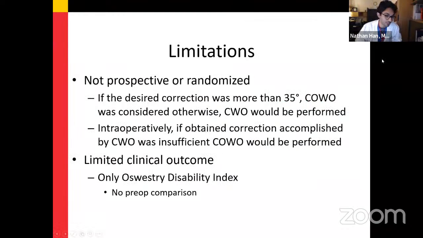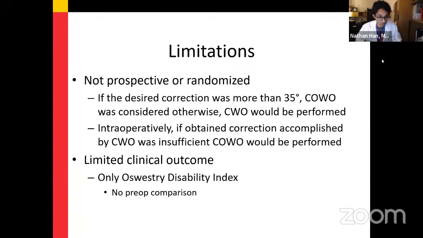Certain limitations also for this study to be noted. Of course, it was retrospective and therefore not prospective or randomized. The decision to pursue the closing opening wedge osteotomy was made sort of in a stepwise fashion. If the desired correction was greater than 35 degrees, the closing opening wedge osteotomy was performed.